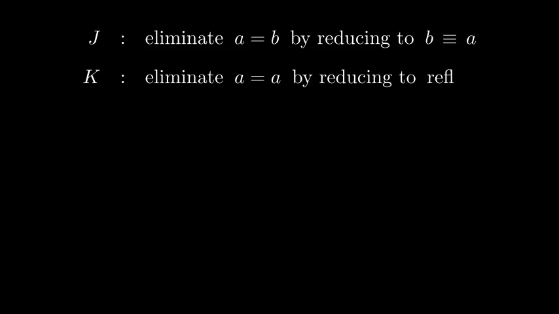J lets you eliminate any a equals b by reducing to the case where b is a. K goes one step further. When both sides are already a, you can reduce all the way down to refl. In plain MLTT, K is not derivable from J. It is a genuinely extra principle. Adding it is a real choice.